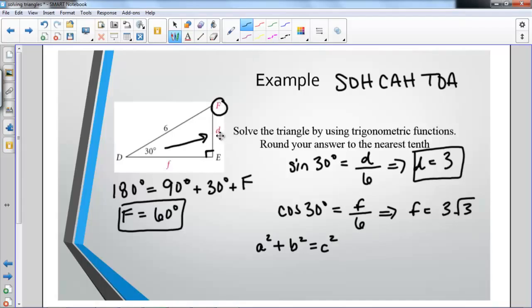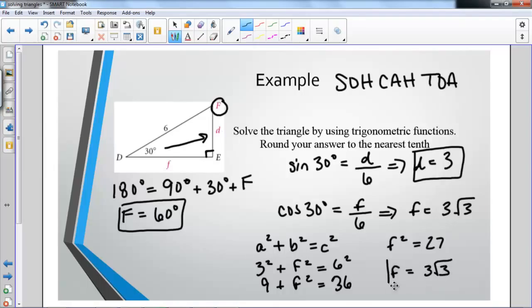Here I already found side D, which is 3. My other side length is side F, so I'm looking for F squared equals C, my hypotenuse, squared. So I'm going to get 9 plus F squared equals 36. F squared equals 27, or F equals 3 root 3. As you can see, I get the same answer no matter which way I go. So it's really up to you which method you're more comfortable using.